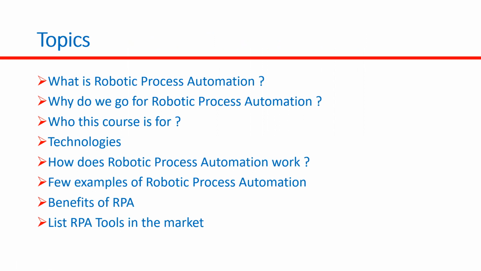We know the applications are developed using different technologies, so we are going to see what kind of applications we can automate using RPA tools, and then how robotic process automation works. We will see a few examples of robotic process automation and the benefits of RPA, generally what benefit we get out of it so that we go for RPA.